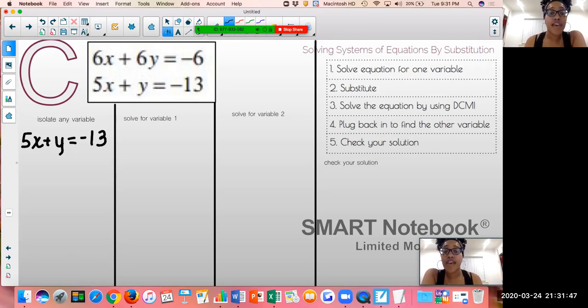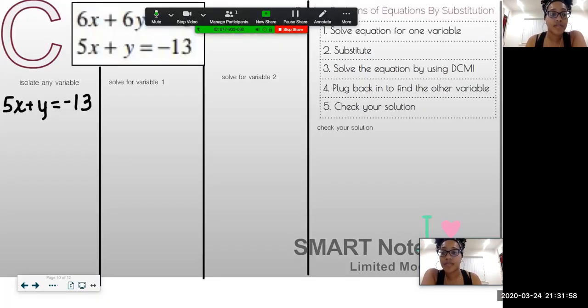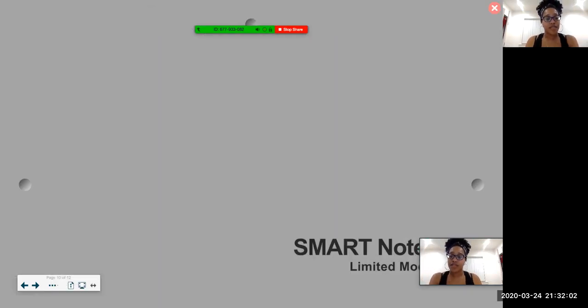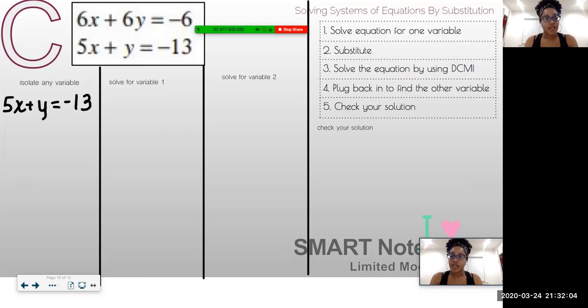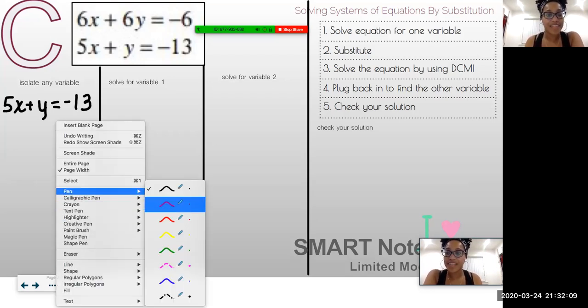In order to do that, we need to use inverse operations to get rid of anything else that's on the same side as y. So what's on the same side as y that we don't want there? You tell me.